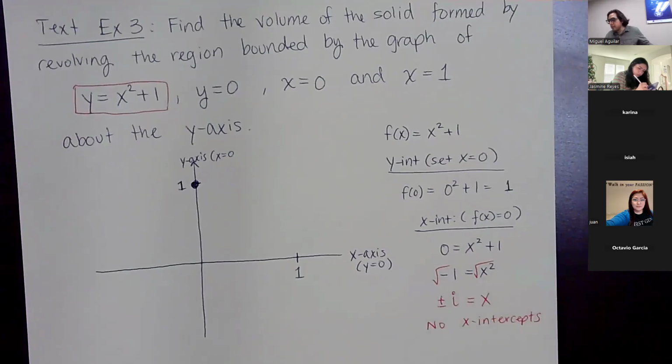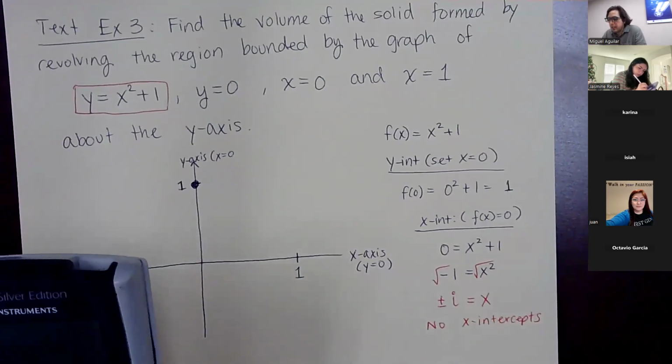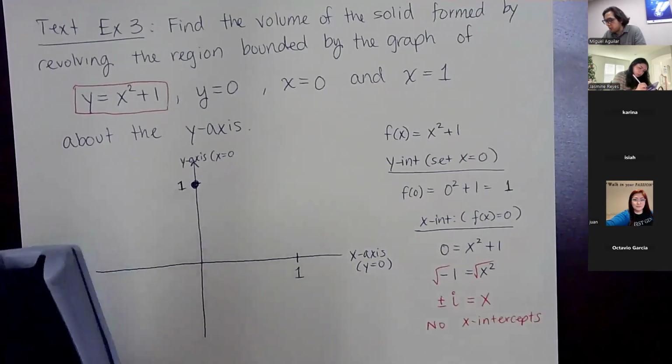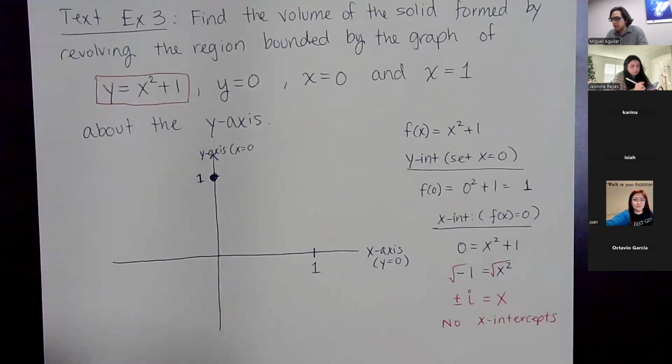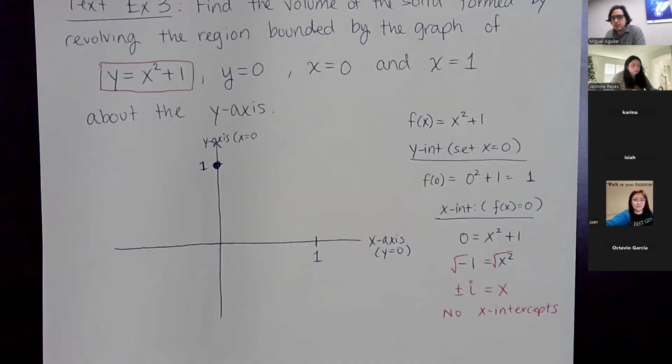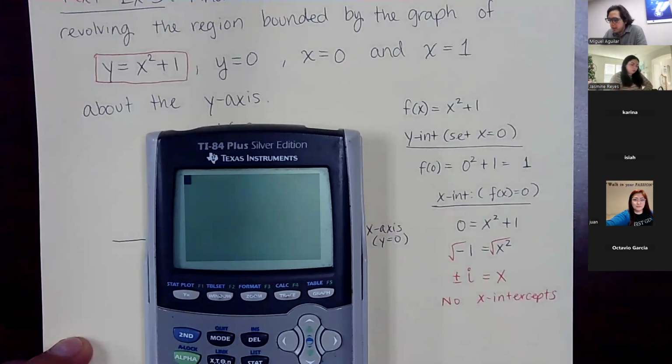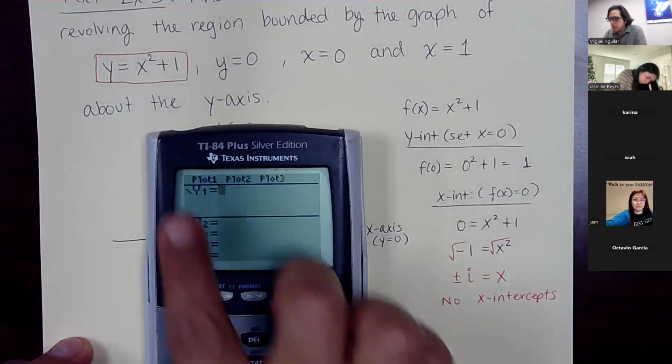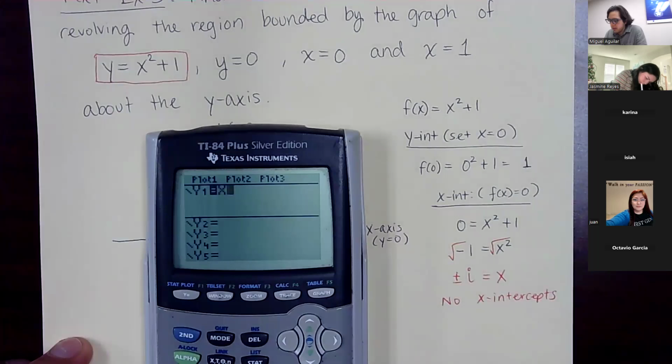So when all that fails, then we can go ahead and say, well, let's just graph this thing to see what this image looks like. Okay, so I'm just going to go ahead and say we have our graph of x squared plus 1.